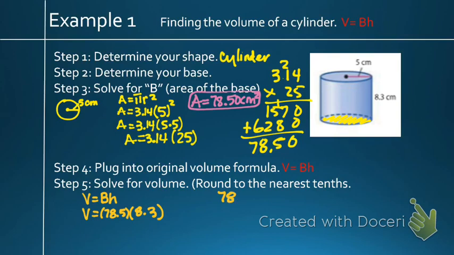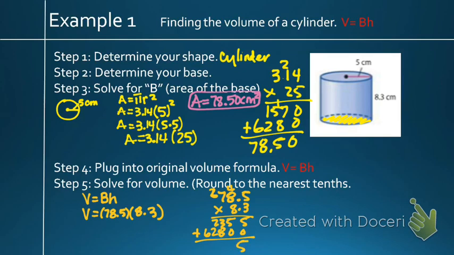So 78.5 times 8.3. Multiplying decimals, line up your numbers. Man, I wrote ugly. 15, 124, 25, 2.